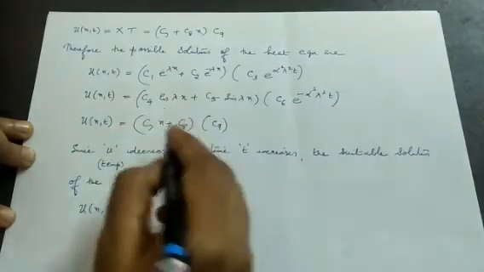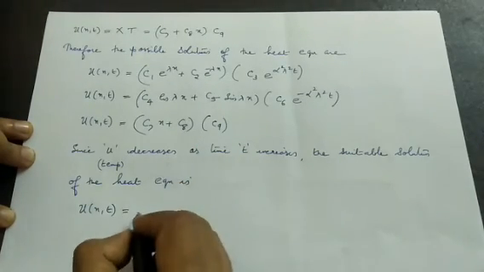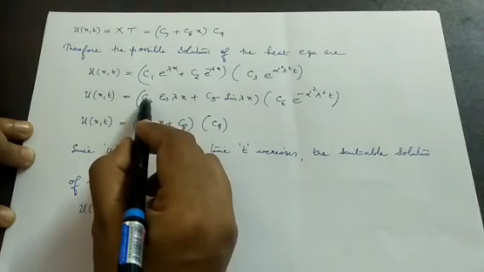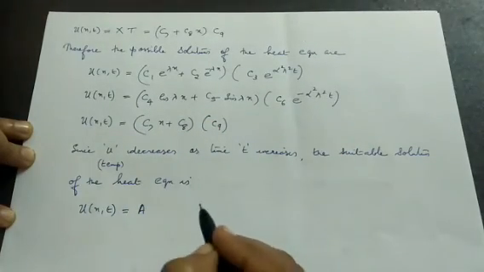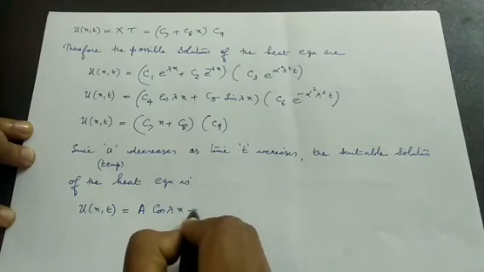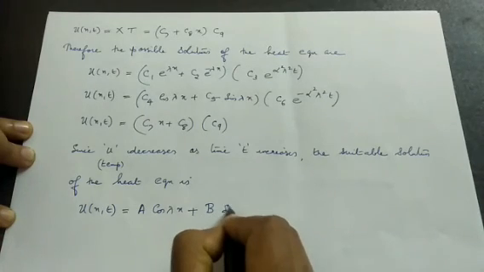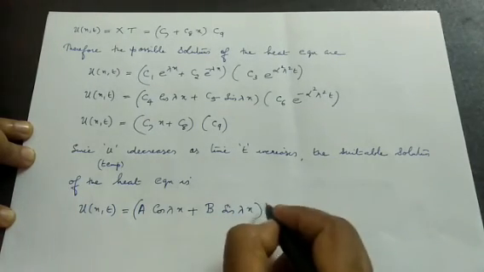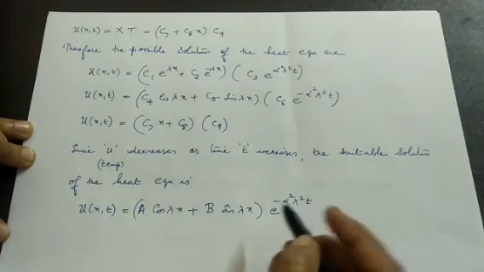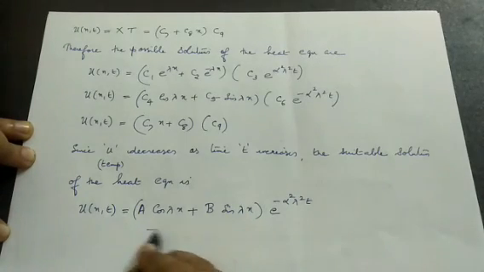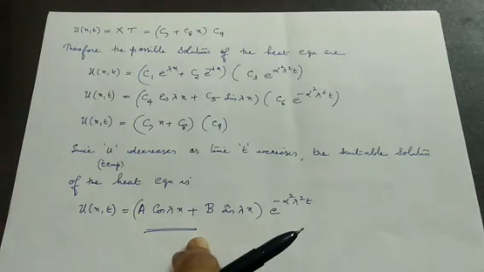Generally, in the place of c4, c5 and c6 we can write, multiplying c4 into c6 gives only one constant, a cos lambda x plus, instead of c5 and c6 we can write b sin lambda x, into e raised to minus alpha square lambda square t, which represents the solution of this one-dimensional heat equation by the method of separation of variables.